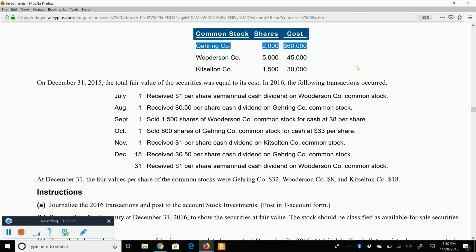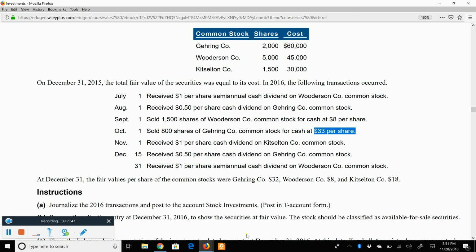So what was our original per share cost? Let's figure it out. $60,000 divided by 2,000 shares. My math tells me that original cost is $30 per share. And how much am I selling them at? $33 per share. So we are making a $3 per share gain.